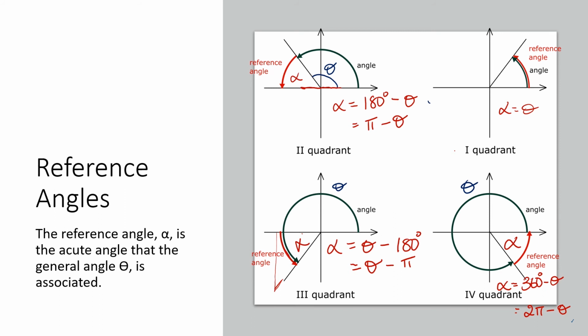The reason why this is still true and still useful is because all general angles, depending on which quadrant they fall in, have an acute angle that they are directly related to, and that acute angle is called our reference angle.